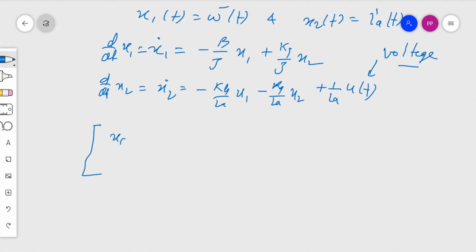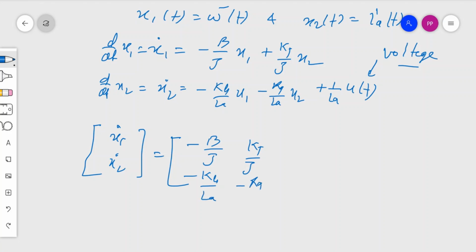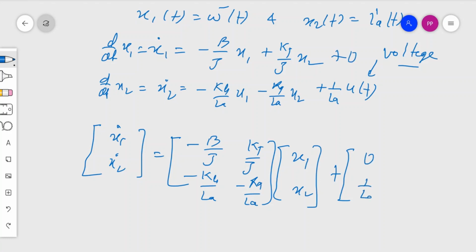From here we get the matrix form: x1 dot and x2 dot equals [minus b by J, Kt by J; minus Kb by La, minus Ra by La] times [x1, x2], plus, for the first one you have nothing, so it is 0, and for the second one it is 1 by La, times u(t).